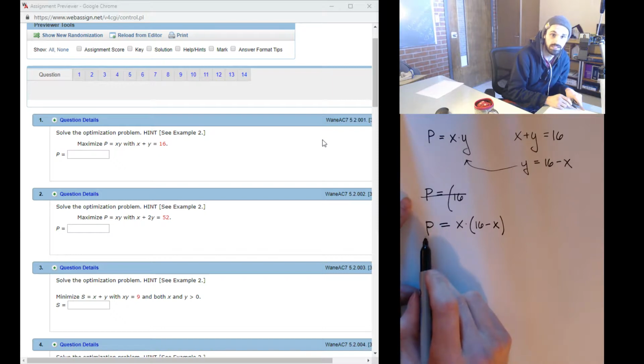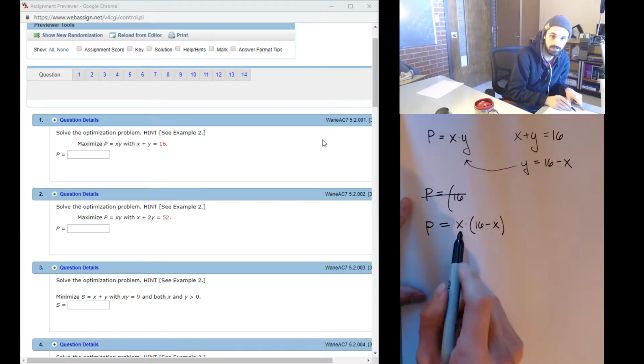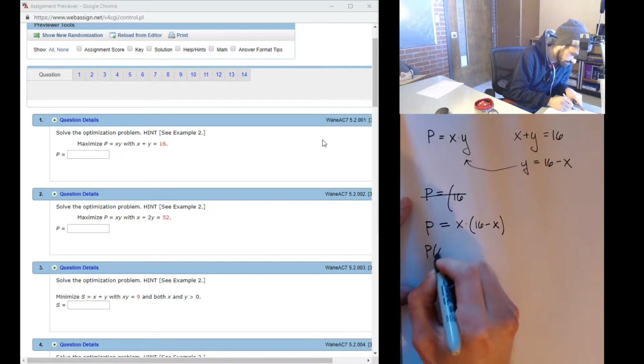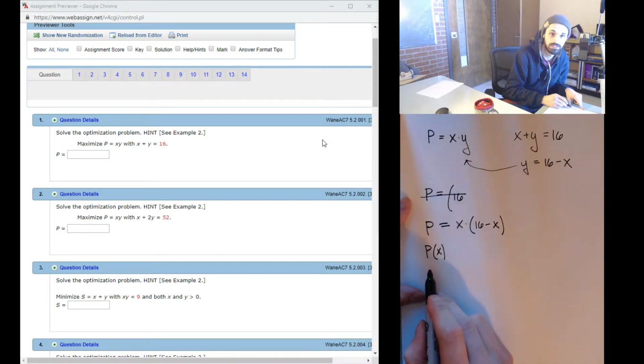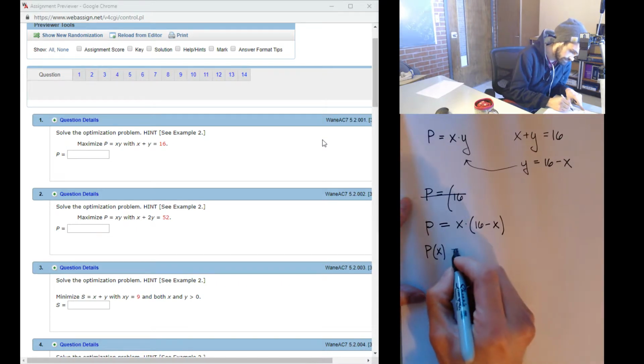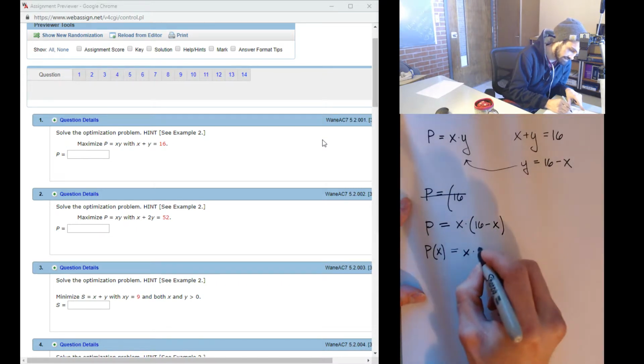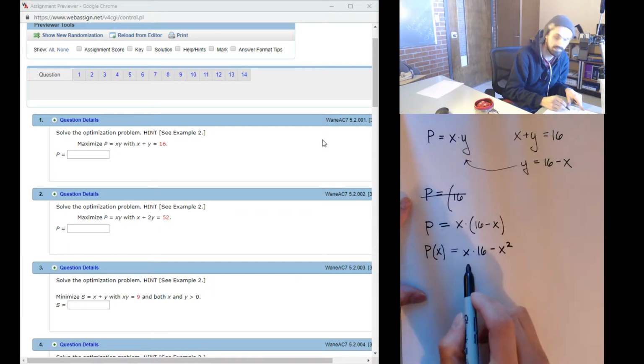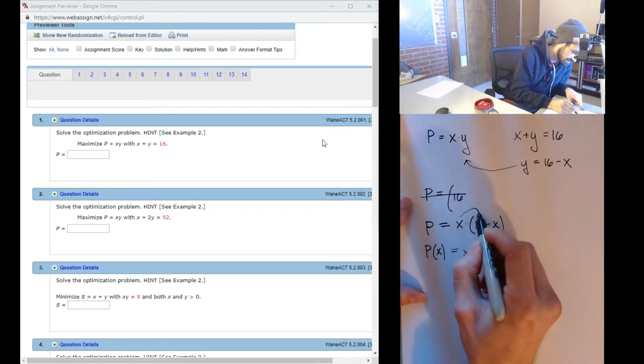So because P is being described in terms of x, just so we have the familiar notation, I'm going to call this P of x equals x times 16 minus x. So all I did here was distribute the x.